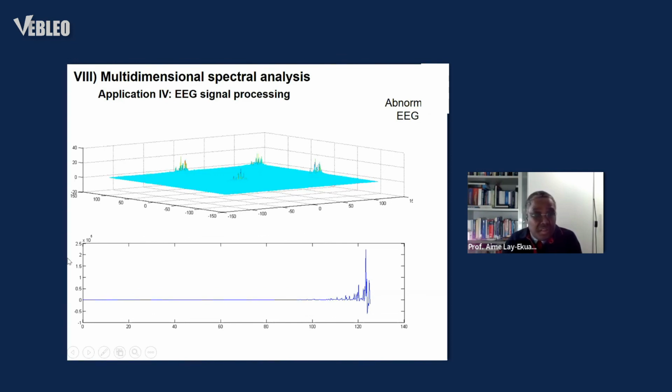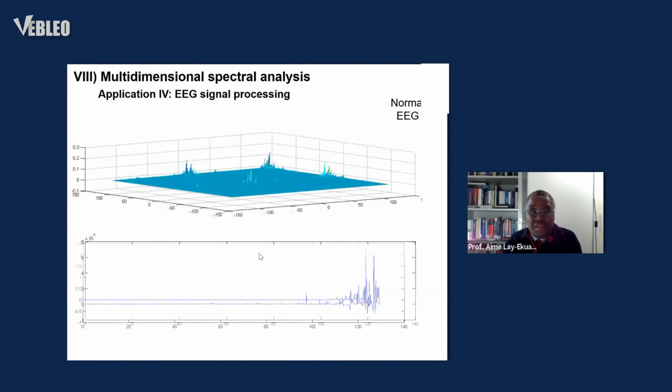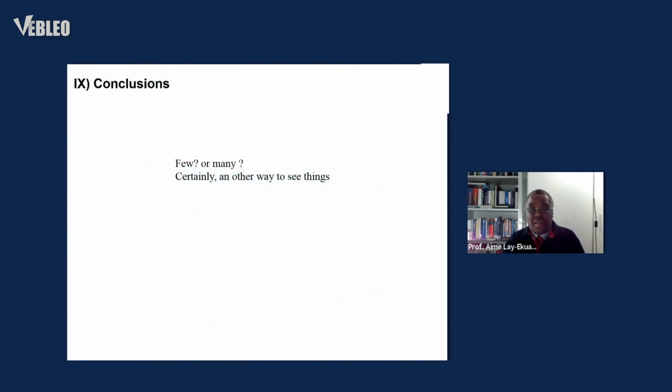Look here, it is 10 to 5, and here we have a normal EEG. It is 6 10 to 4, one order of difference. So in the previous case, we got the result of a peak in the system.